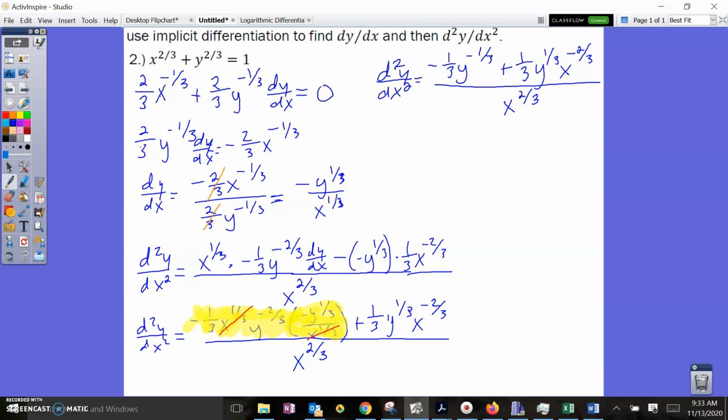Now from here, I want to get rid of the negative exponents that exist in this fraction. So in order to do that, I'm going to multiply the numerator by y to the 1/3 and x to the 2/3. And in order to preserve the value of the fraction, I'm going to do the same to the denominator.